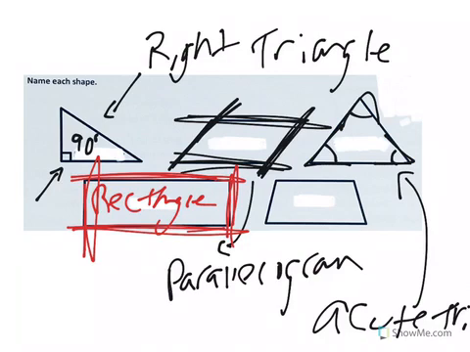And the answer is yes, it is. However, a rectangle is a form of a parallelogram, but because it has more specific rules, it's commonly called a rectangle because it just has a more specific name.